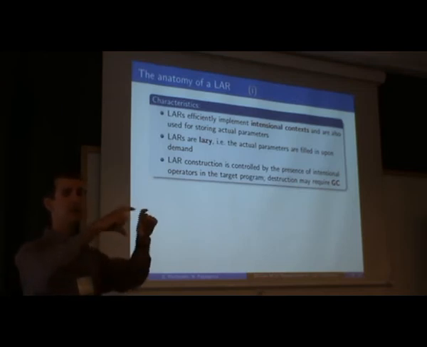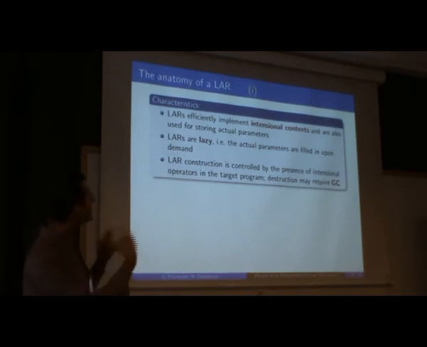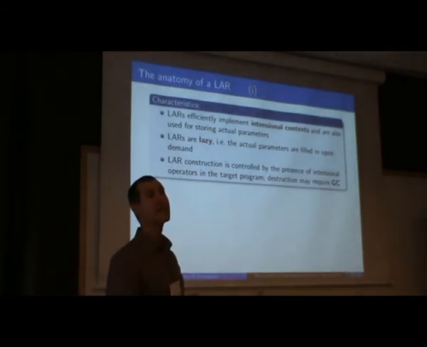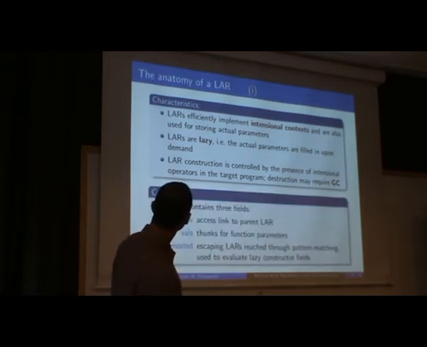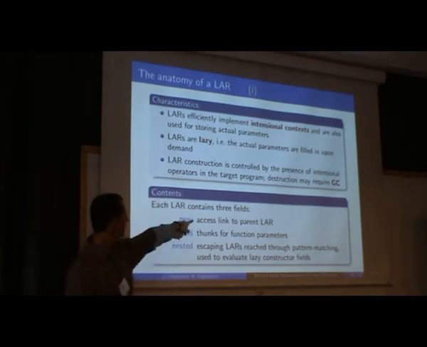So you had your list of numbers. The list of numbers is represented as a lar, but also the values of the actuals are put in the lar. And one other thing is that these values there are lazy. So there are three main things in the lar. This is a pointer to the previous lar that makes you the list.